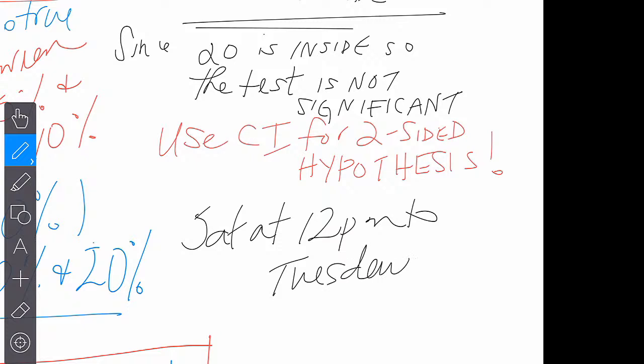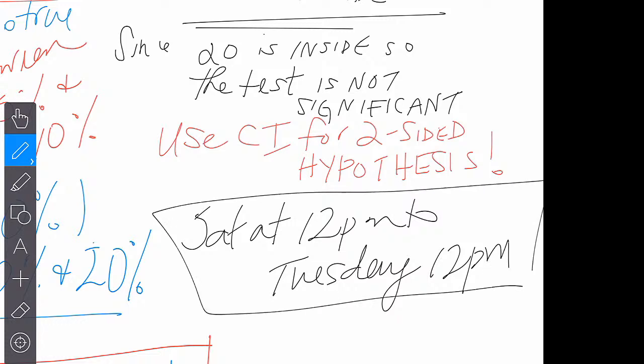Saturday at noon to Tuesday at noon. Saturday, Sunday, Sunday to Monday, Monday to Tuesday. We have 4 days. All right.